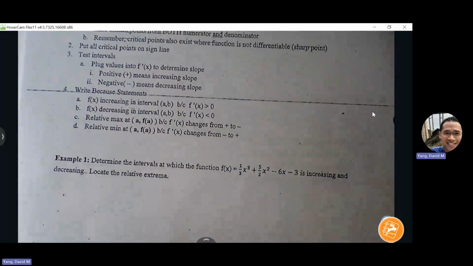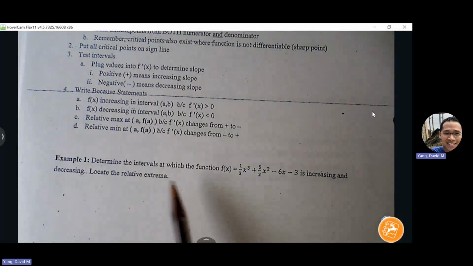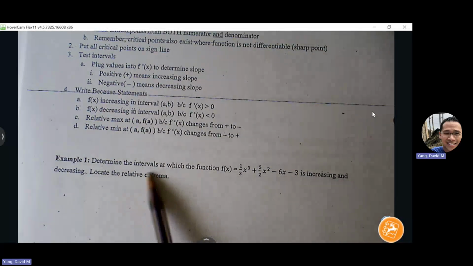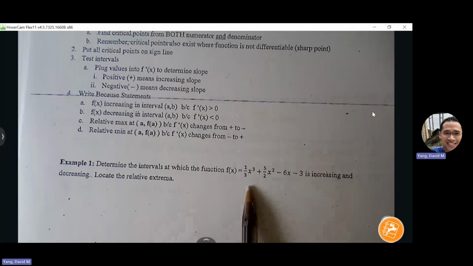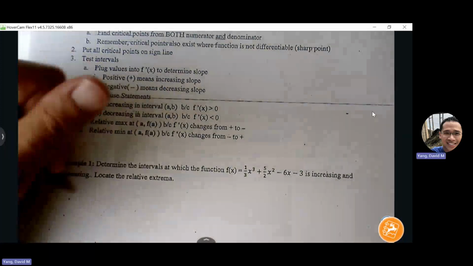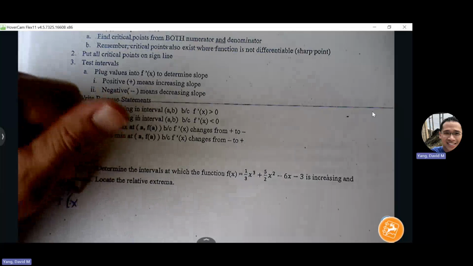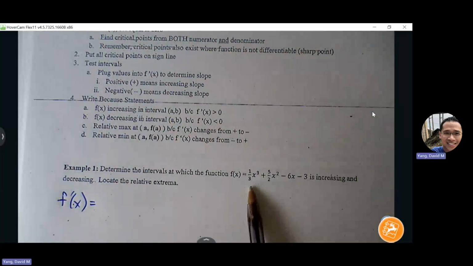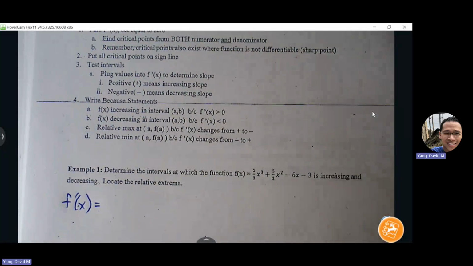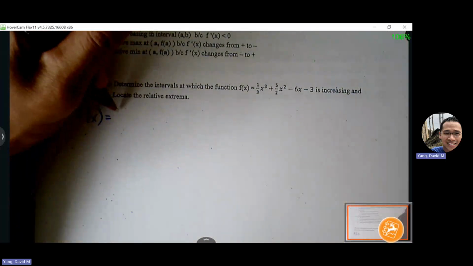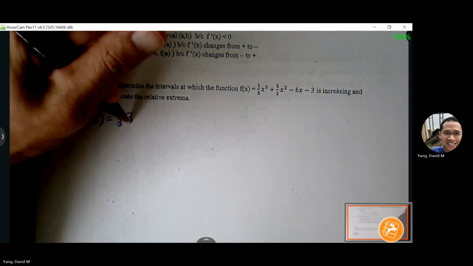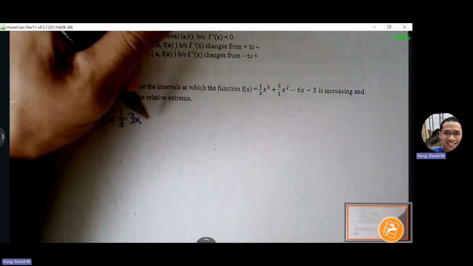So let's look at number 1 here. Determine the intervals at which the function is increasing and decreasing. Locate relative extrema. So locate relative max, relative min. We'll go through the full process here, but everything that we need is basically going to come from the f prime, mostly. Okay, so let's find f prime first. Everything is set up nice and ready for power rule. What's the derivative of the first term there? Okay, I'm going to just do the full thing, but you can definitely skip this step.